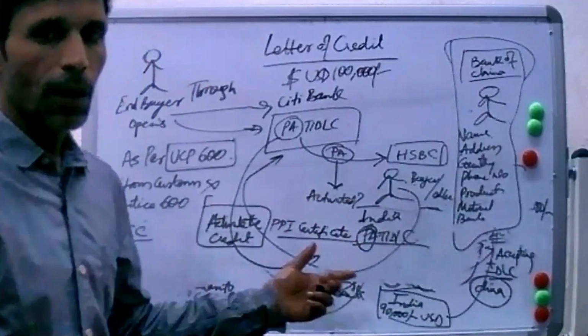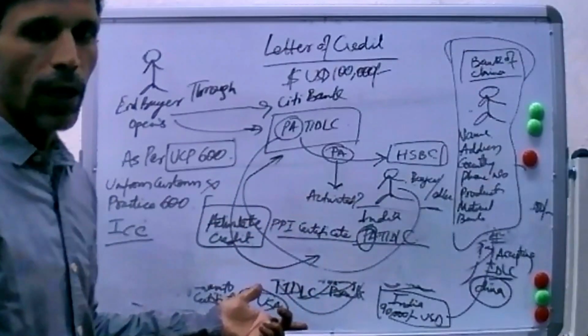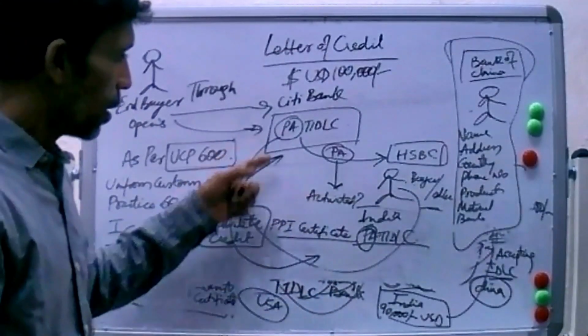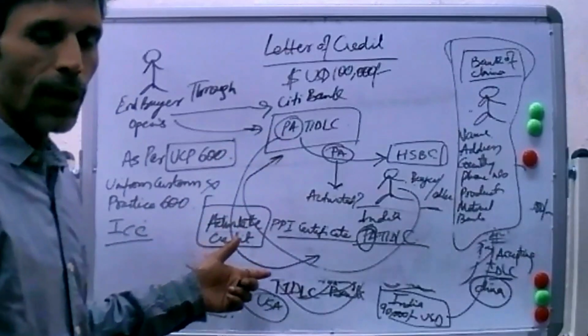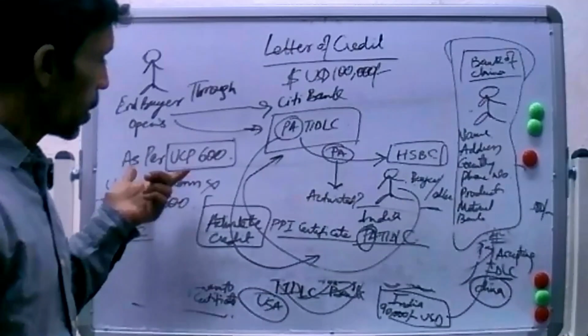Because you have already provided the PPI certificate, now there is no pre-advice. The bank will have to activate it. They cannot cancel or deactivate anything like that, because this is as per UCP 600.